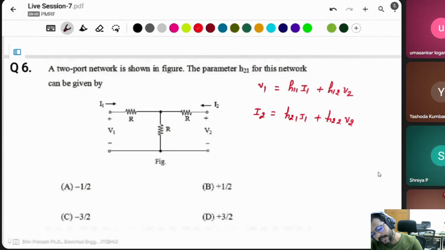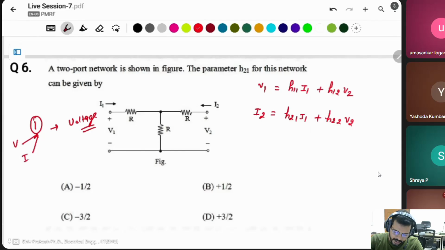For understanding, simply you have to give the priority to port one in any parameter. If the first ones are both current or both voltage, then give priority to the first one.